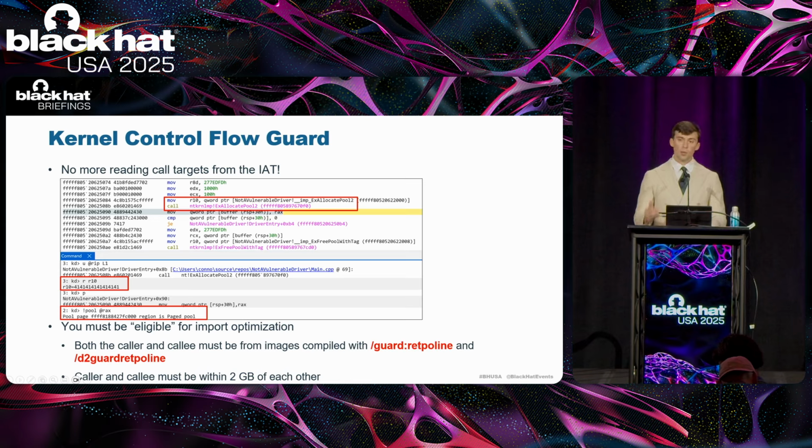If we did not have retpoline support, we would have simply called 41414141 because this is what was in the imports entry and we would have crashed. But in this case, you can notice there is no crash and we have a valid pool chunk in the return value. This is because, again, we did not have to do a memory fetch to the imports table. Thus, whatever is in the imports table at the time the image is loaded is what remains, no matter if an attacker corrupts it. So the point in calling this out is that one of the known limitations of kernel CFG is protected by retpoline.